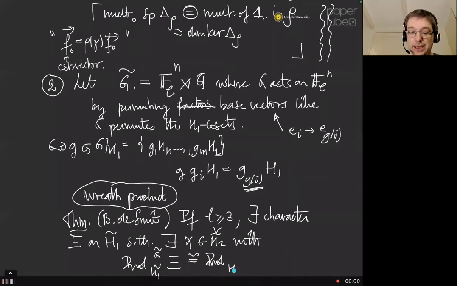This is the same as H1 conjugate to H2, well, tilde actually, in G tilde.